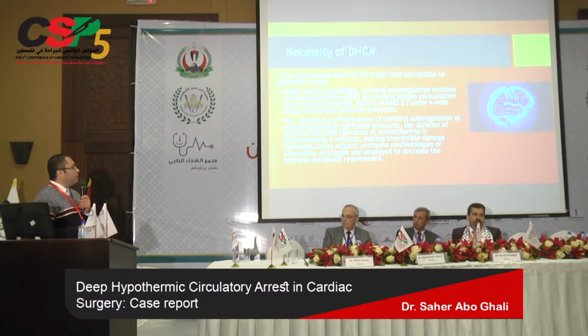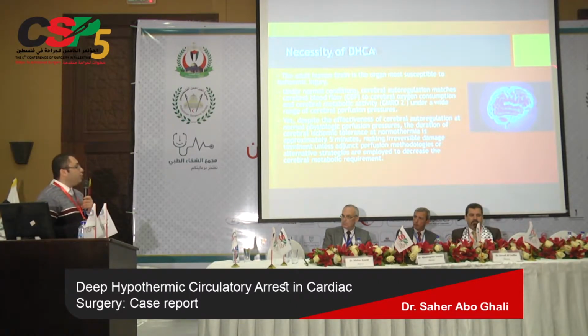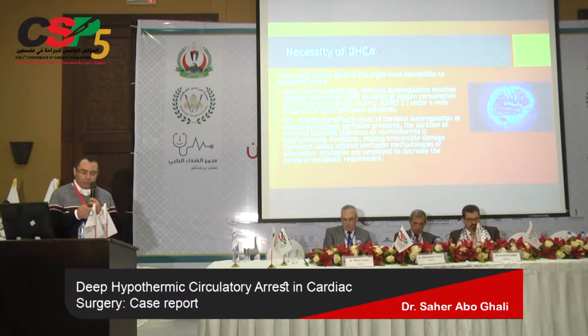The great concern in the use of deep hypothermia is neuroprotection, because we know that the brain has a very high oxygen consumption and metabolic activity, and it doesn't store oxygen. So, in the first studies, they used to cool the patient or the animal degree by degree and measure the metabolic activity of the brain in order to determine the safety period.